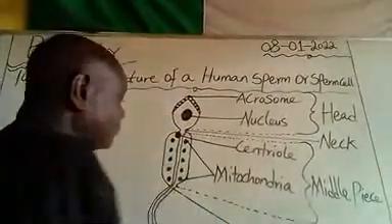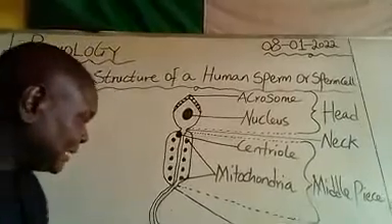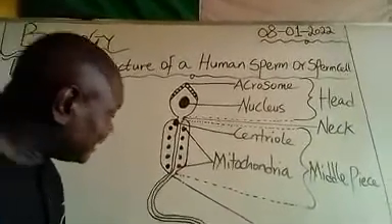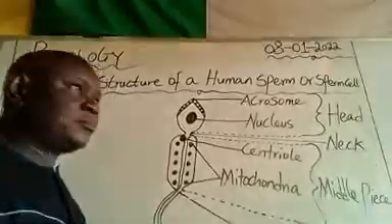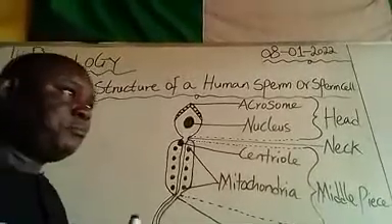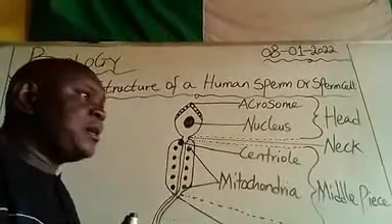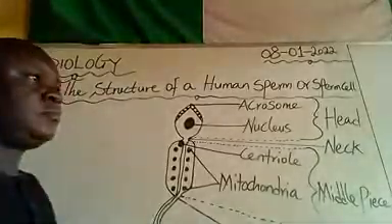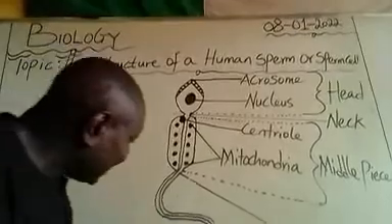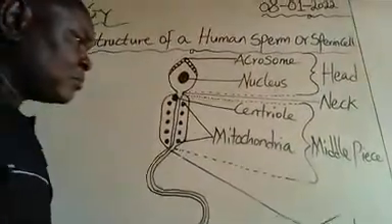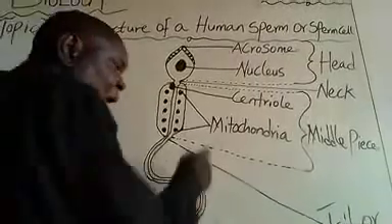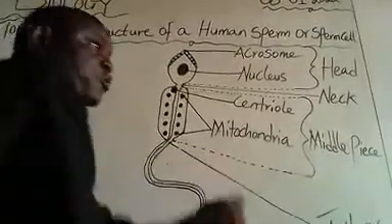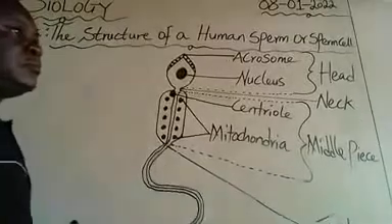As you can see, the tail of a sperm plays a vital role. The tail of a sperm helps the sperm to swim very well.